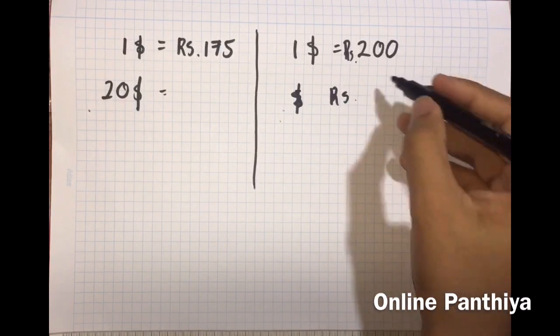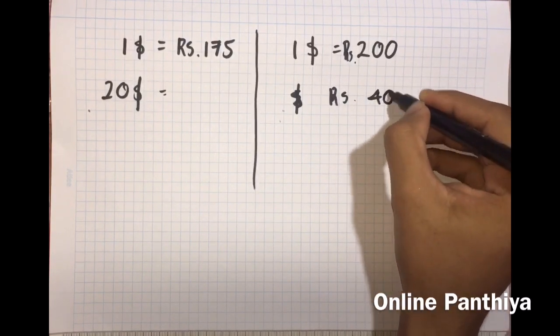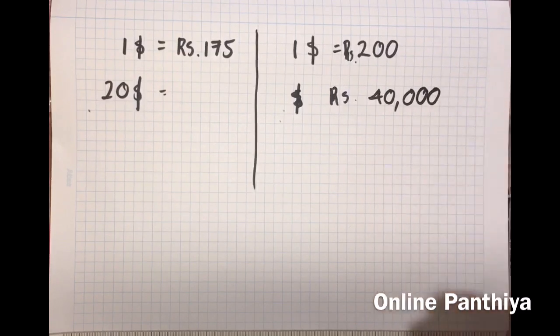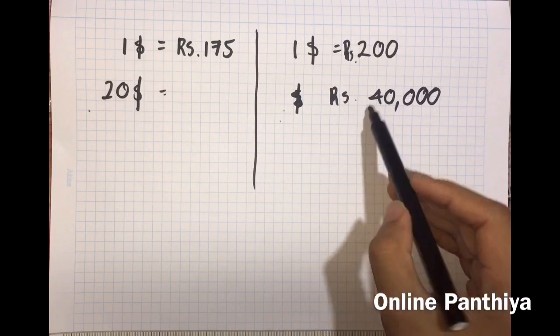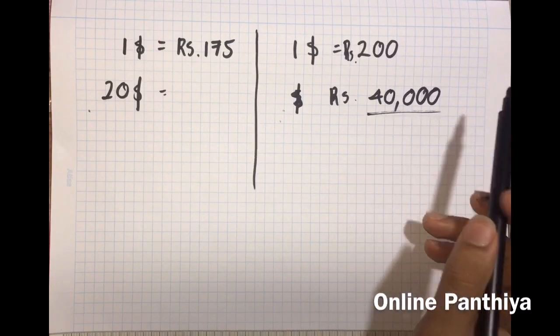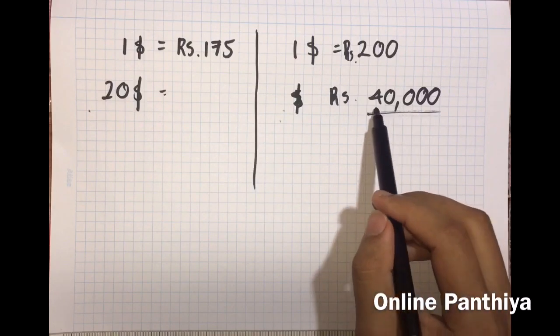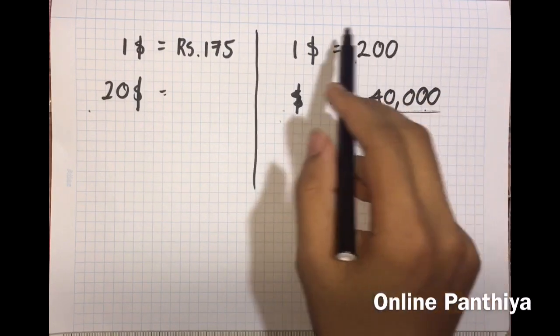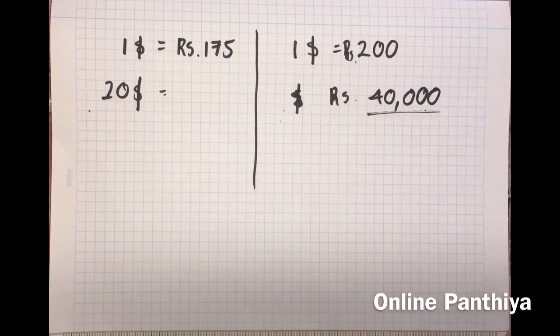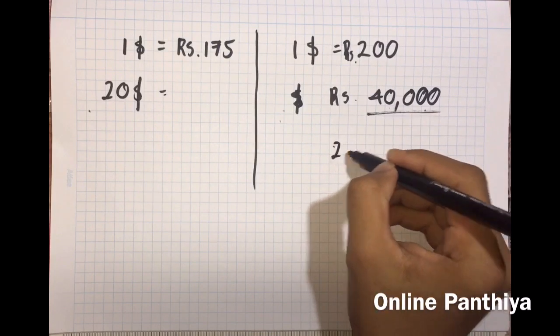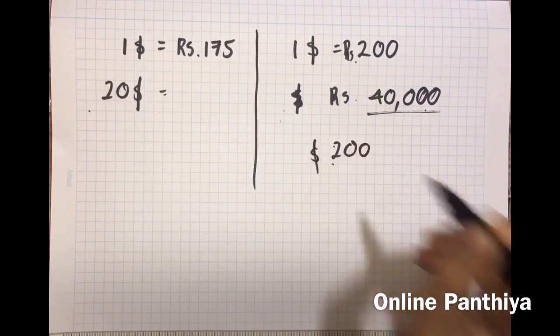So how do you find the number of dollars he sent from the original country? Yes, here you have a bit of division, no? You have to divide 40,000 by 200. That will give you the number of dollars. So how much? Yes, you will be getting 200. So altogether $200 is sent from the original country.